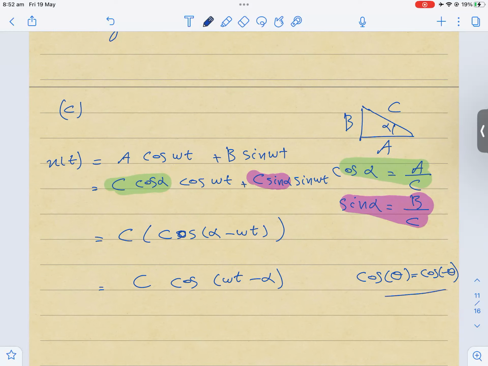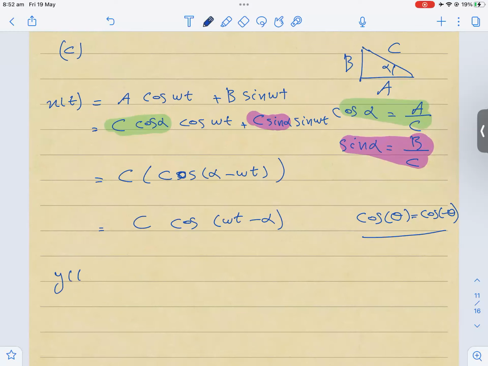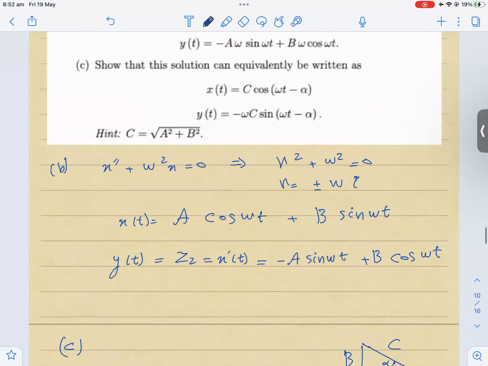All right. Now y of t is the derivative of this guy. And this means minus C omega sine of omega t minus alpha, which is equal to what we have here.